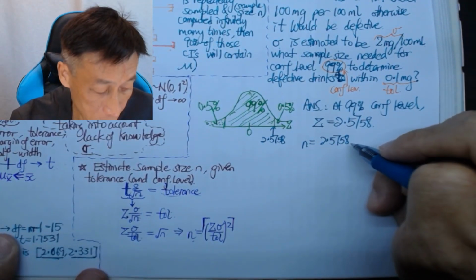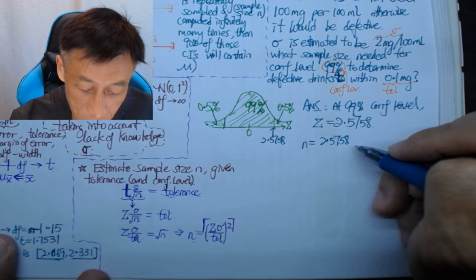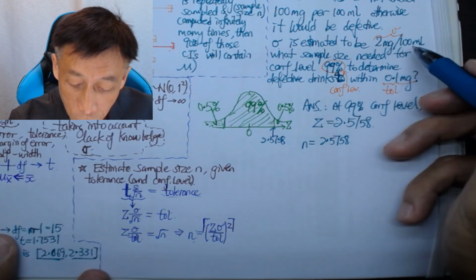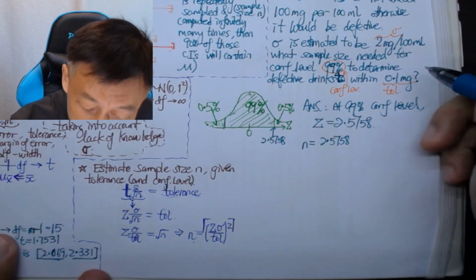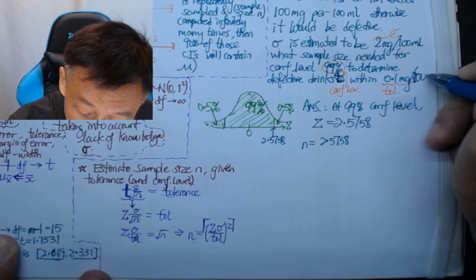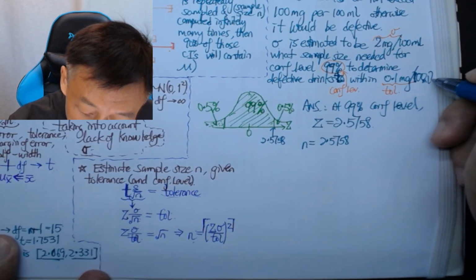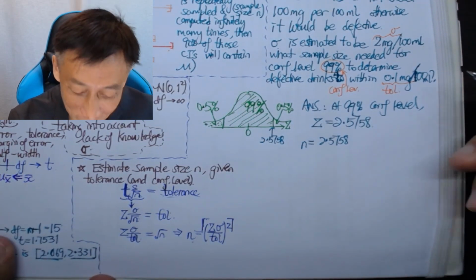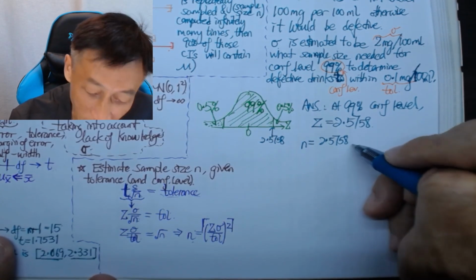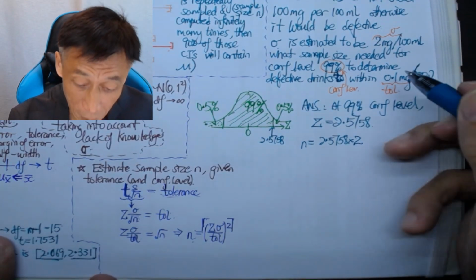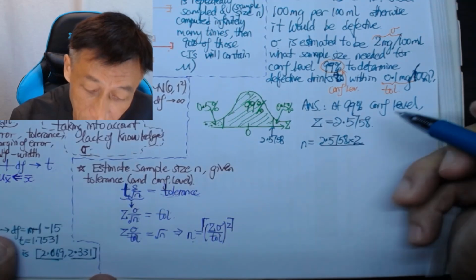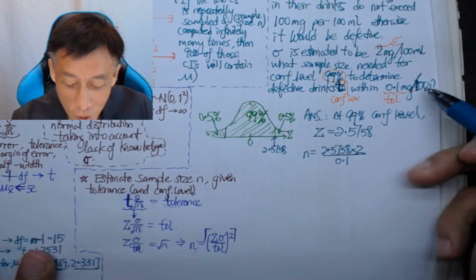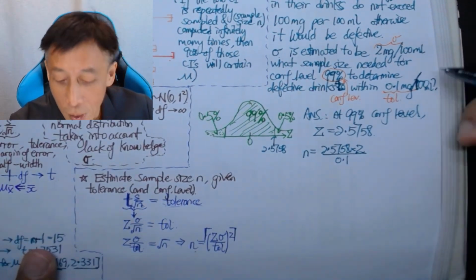2.5758 times the sigma. What's the sigma? Sigma is 2 mg per 100 milliliters. So everything is per 100, otherwise it will not be the right unit. So 2.5758 times 2, that's our sigma, divided by the tolerance, 0.1, all squared. That way we don't need to adjust for the change in units.